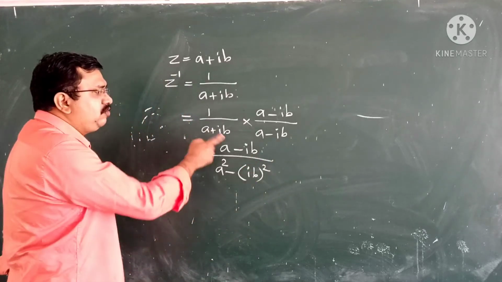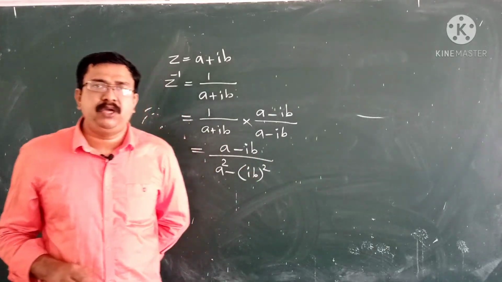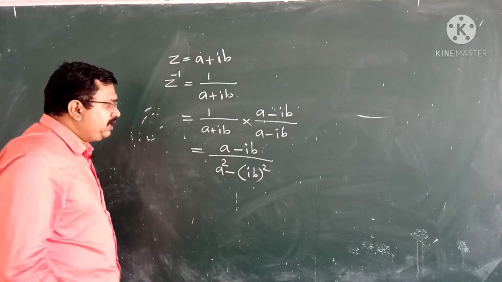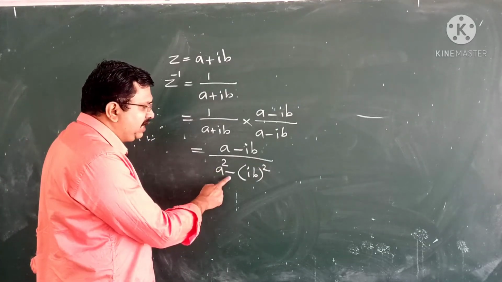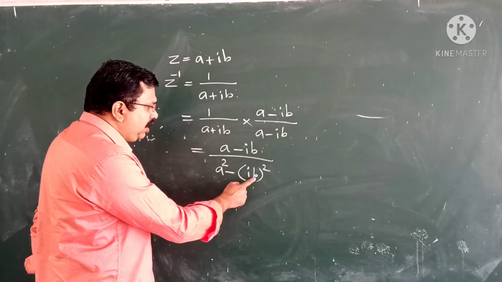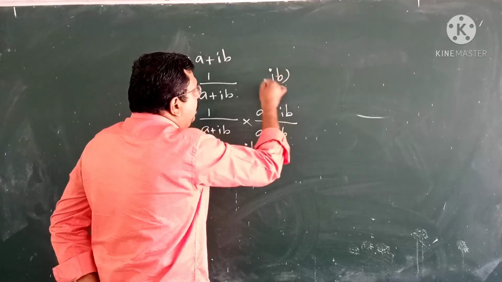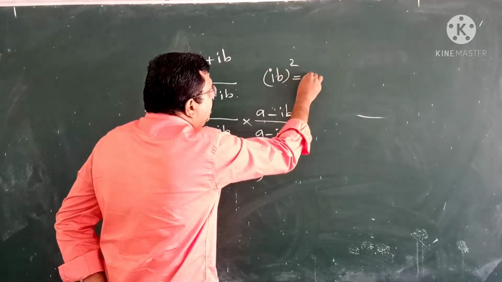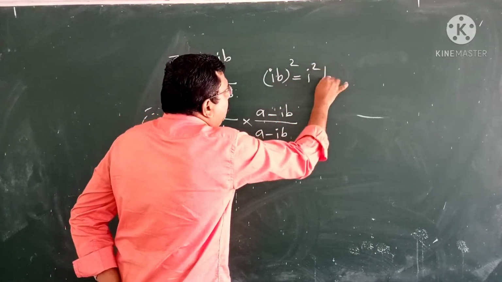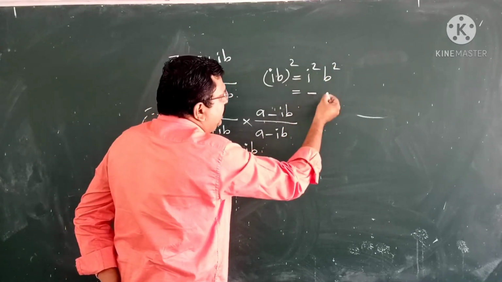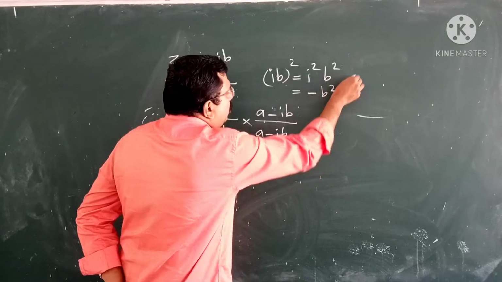Okay, this is of the form (a plus b) into (a minus b), and we know that it is a square minus b square. But remember that here it is a square minus (i into b) the whole square. What is (ib) the whole square? It is i square into b square, and i square is minus 1, so minus 1 into b square.